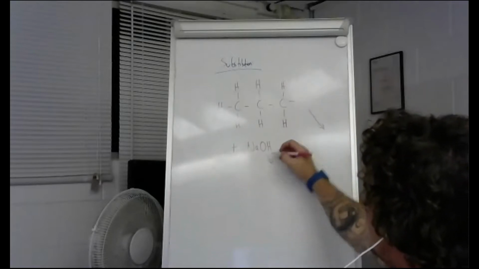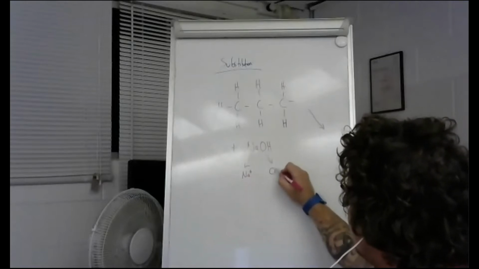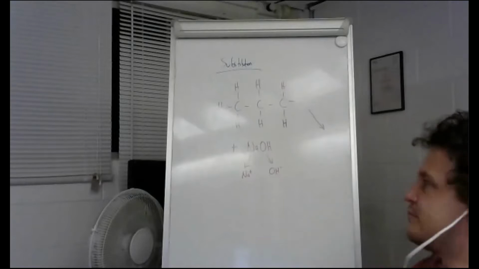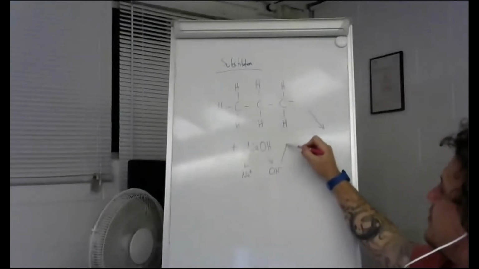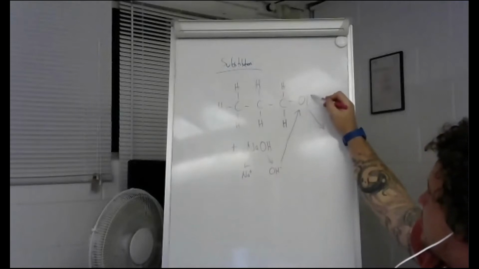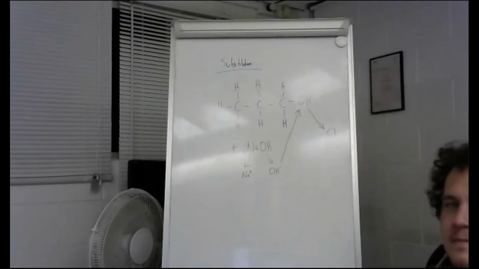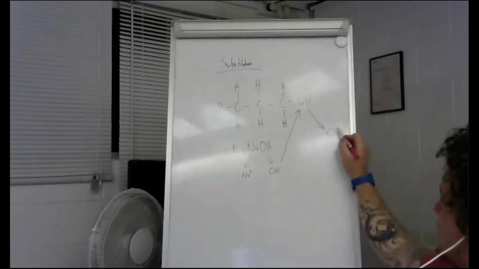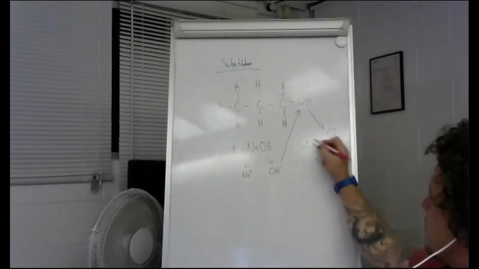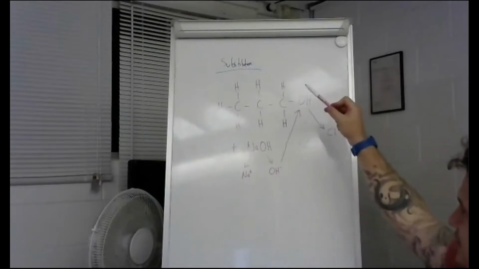We know that when we add sodium hydroxide to a solution, we end up with Na plus and OH minus. OH minus goes, I'm more reactive than chlorine. And we get a chlorine molecule and Na plus left over. So it's a substitution reaction.